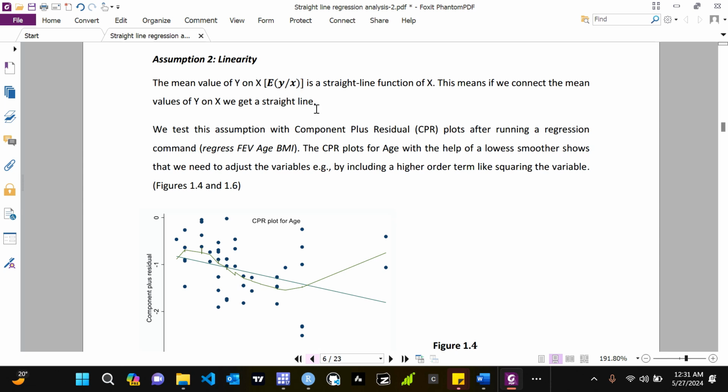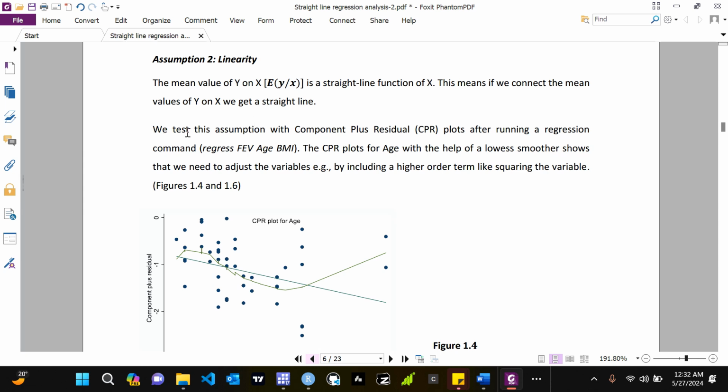This linearity assumption means that the mean value of y on x is a straight line function of x. This means that if we connect the mean values of y on x, we get a straight line. So if we scatter these mean plots, we must get a straight line.